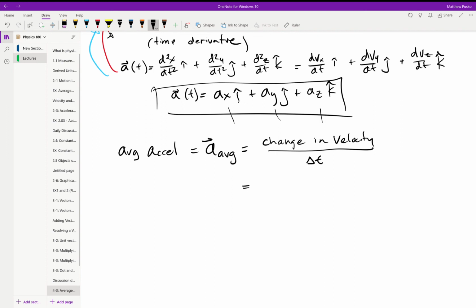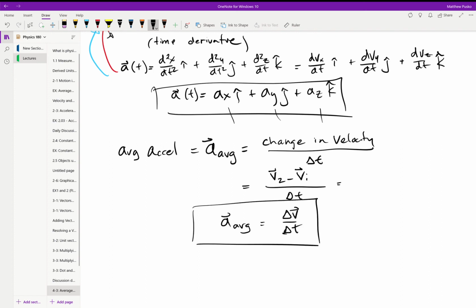And what is that? V2 or V final minus its initial velocity. Those are vectors. And all over delta t. So we can just rewrite this as the average acceleration is equal to delta v over delta t.